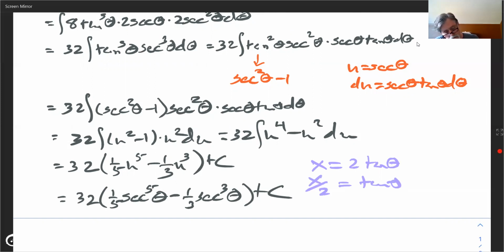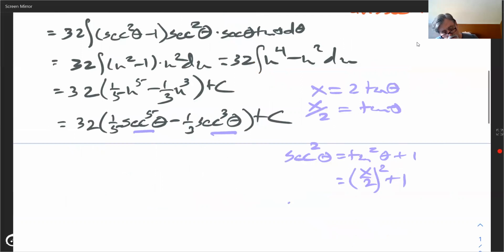But we also know that secant, because I need secant, don't I? We know that secant squared theta is equal to tan squared theta plus 1. So our secant squared is equal to x over 2 squared plus 1.